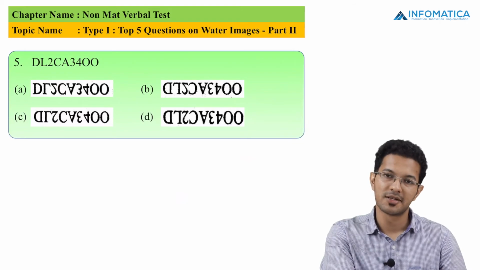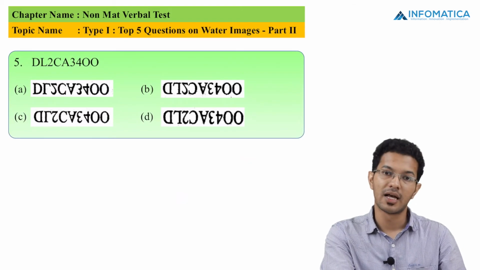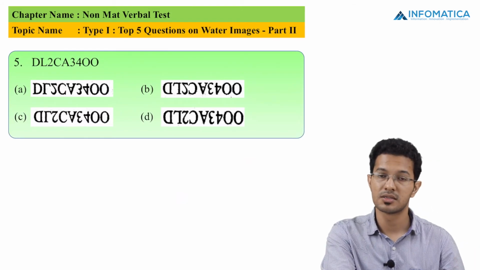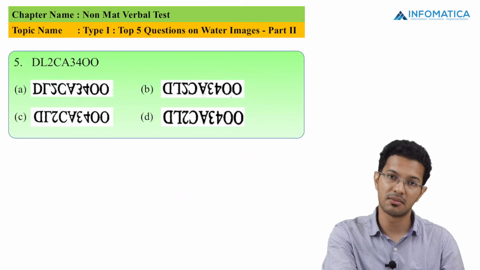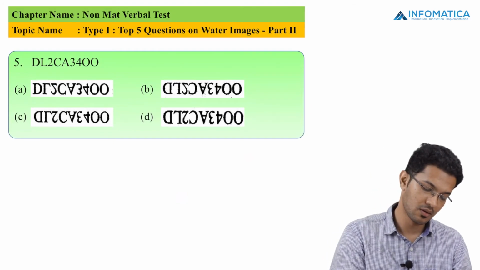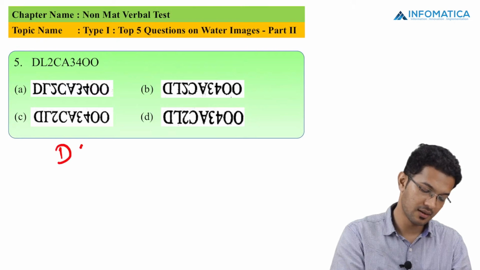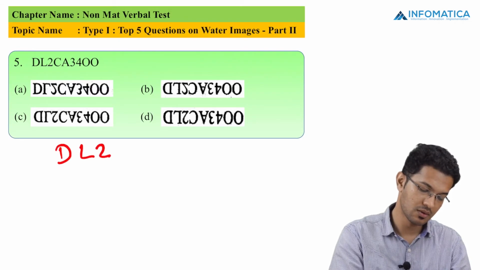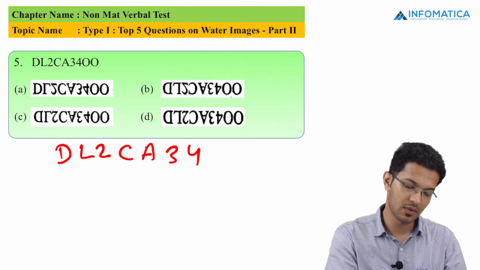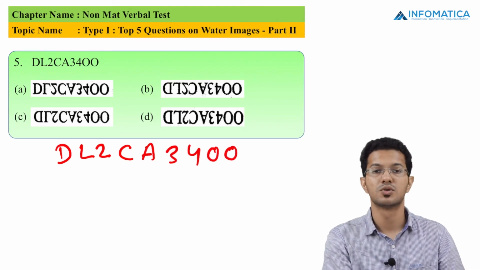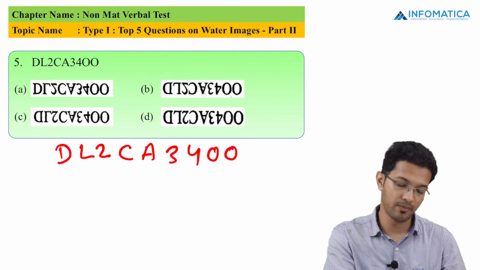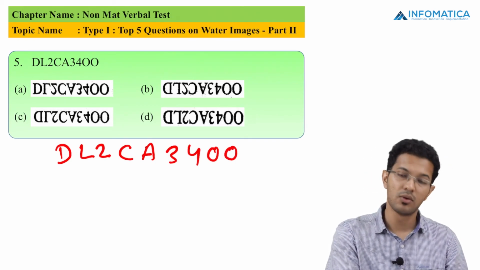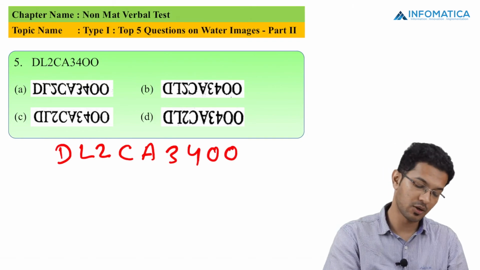And now let us go for the last MCQ. As usual, they have given us some letters and they have given us some numbers. So I'm having D, L, 2, C, A, 3, 4, O, O. Students, it is not 0, it is an O. So now let me go for the reflection part or the water image.